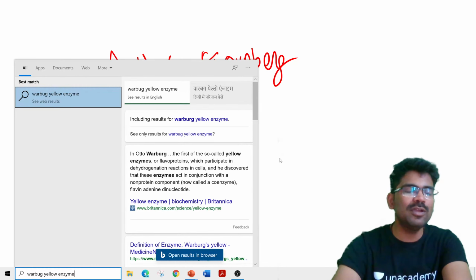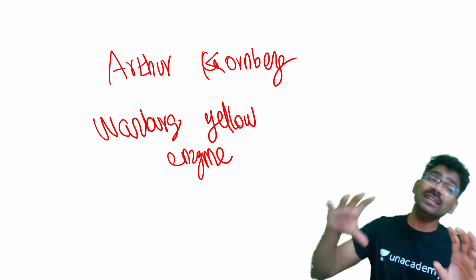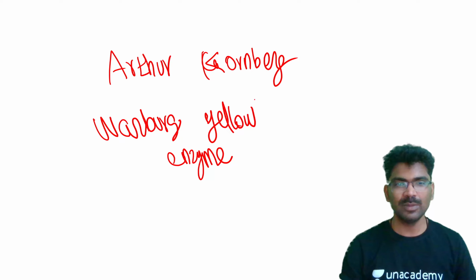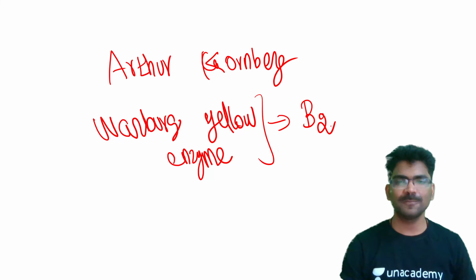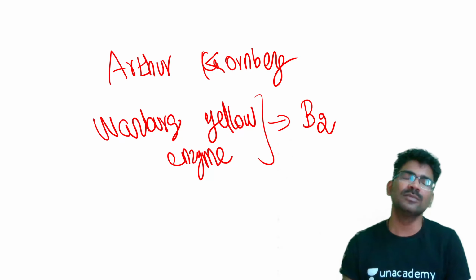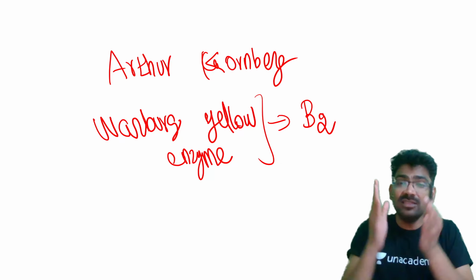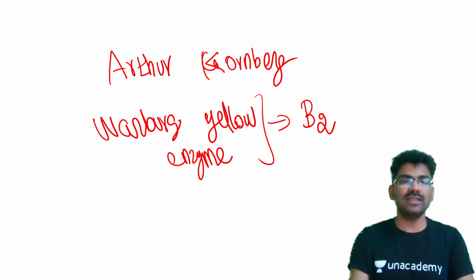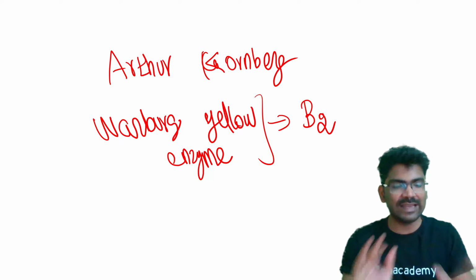These yellow enzymes are actually enzymes that contain vitamin B2. So these are flavoenzymes. People say that Warburg yellow enzyme refers to B2. How can B2, a vitamin, be an enzyme? So what are Warburg yellow enzymes? These are the enzymes with FAD as a prosthetic group. But people say that Warburg yellow enzyme is riboflavin. So that is not correct.